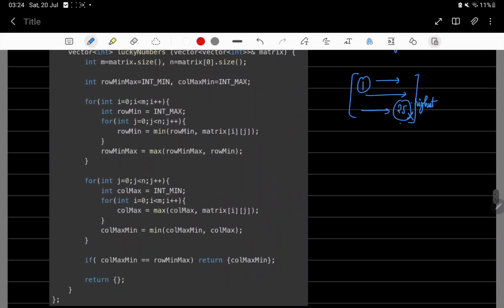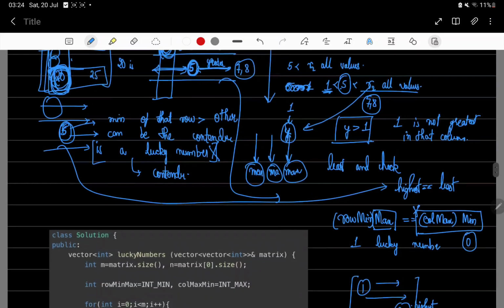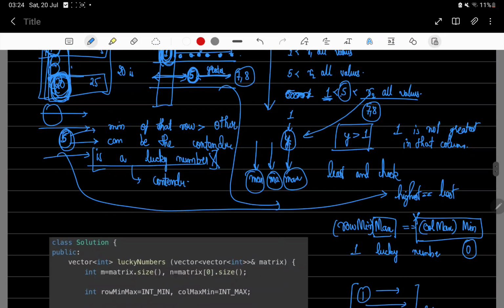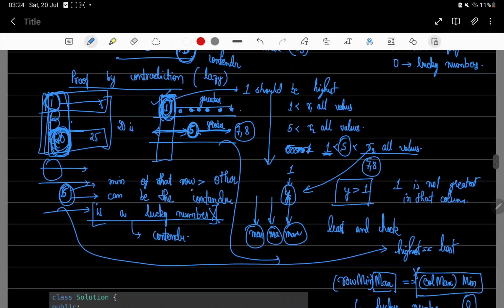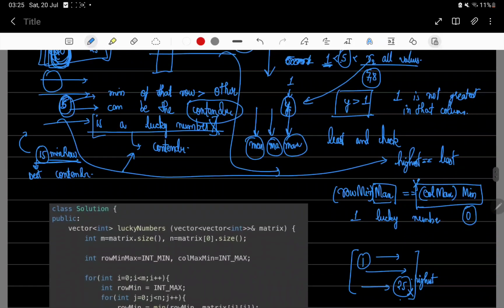Again, we have proved by contradiction that there cannot be a lucky number contender if there exists a row minimum which is greater than the other row minimum. If it is greater, then this is the best contender that we have. And why? We had seen it over here.